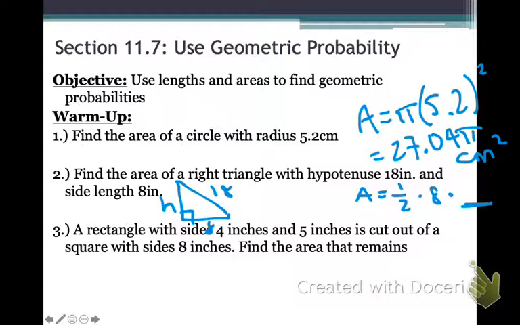You should get a height of approximately 16.124 when you use the Pythagorean theorem. It's not a triple, so you're going to have to use the Pythagorean theorem. You should get about 64.5 inches squared.